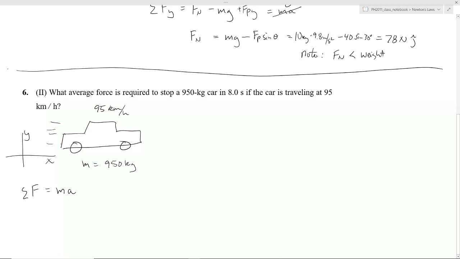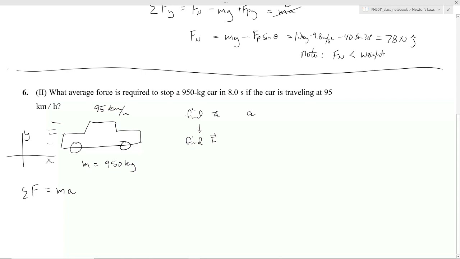So if we can find the acceleration, we have the mass, so we would be able to find the force. So in other words, find a, find the force.